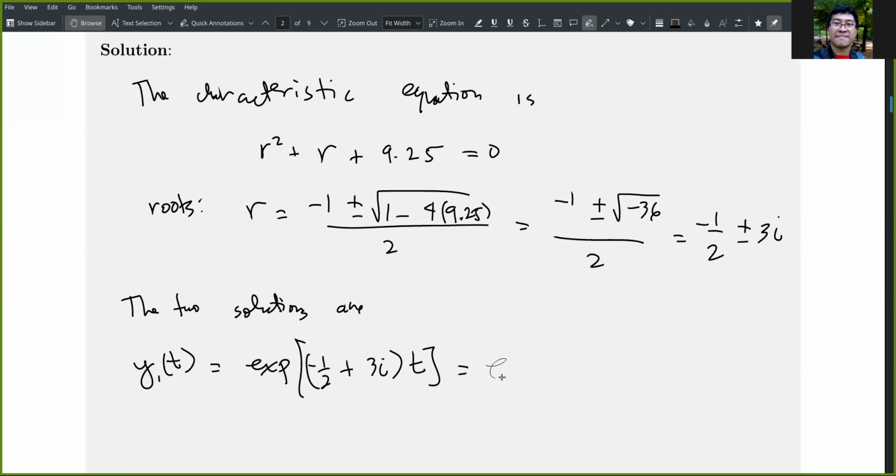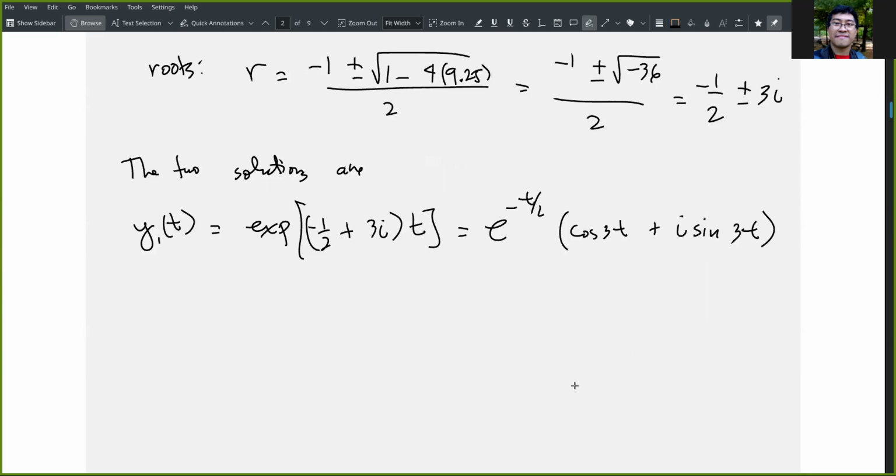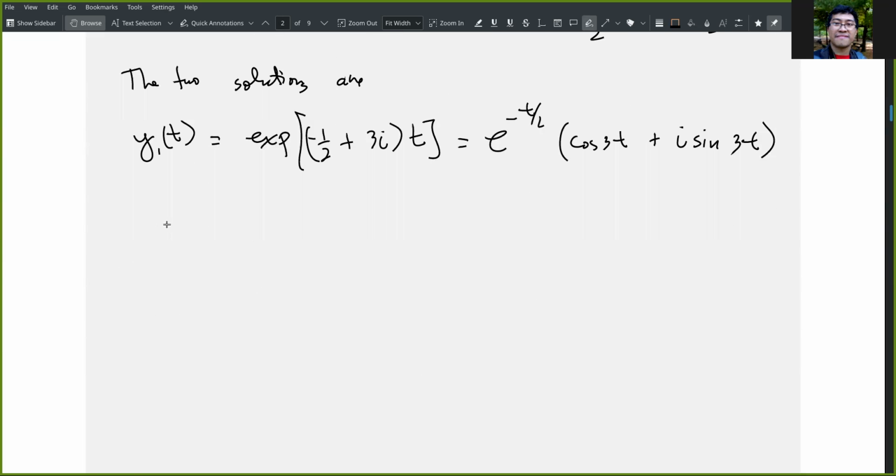This is equal to e to the minus t over 2, times e to the power of 3it, which is cosine of 3t plus i sine of 3t. And y2 equals e to the power of minus 1 half minus 3i, times t.